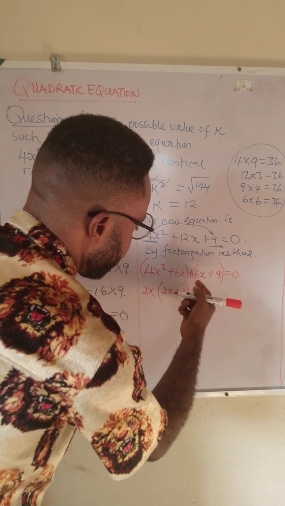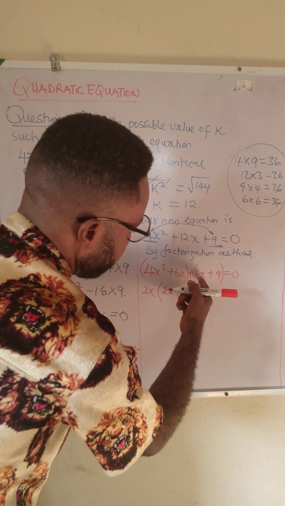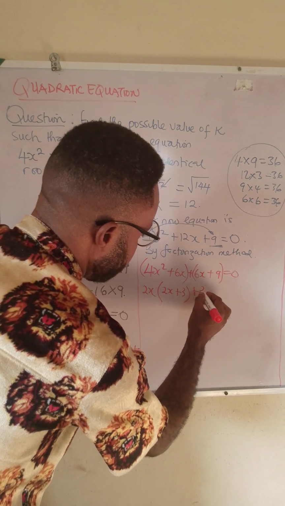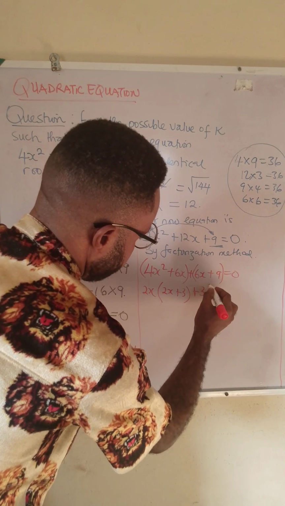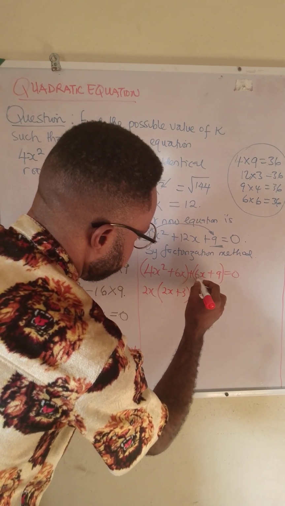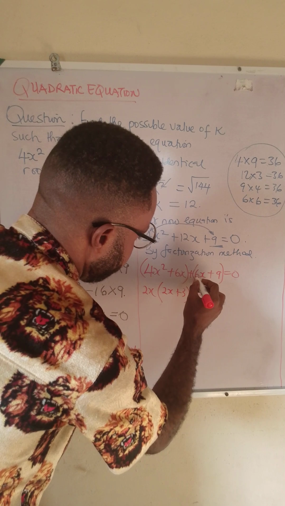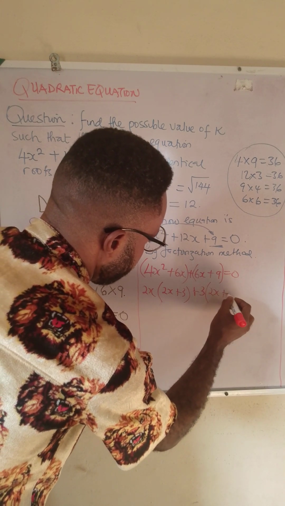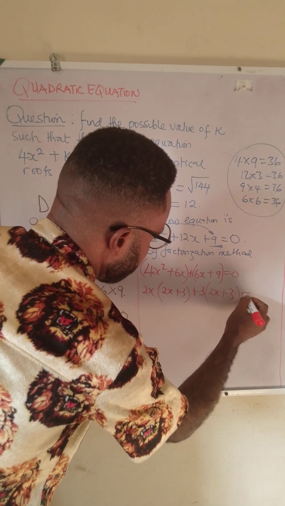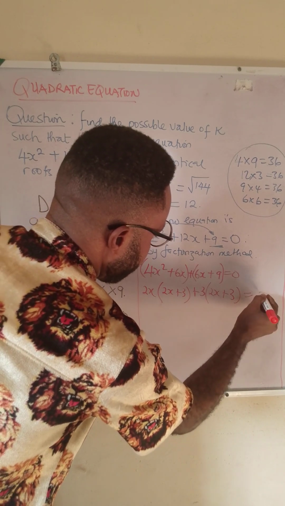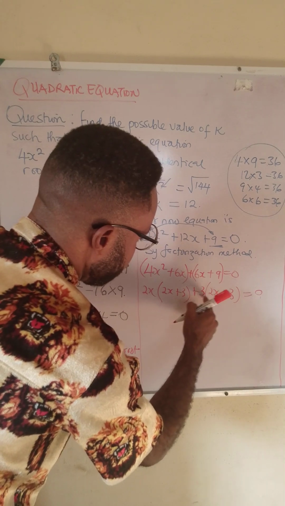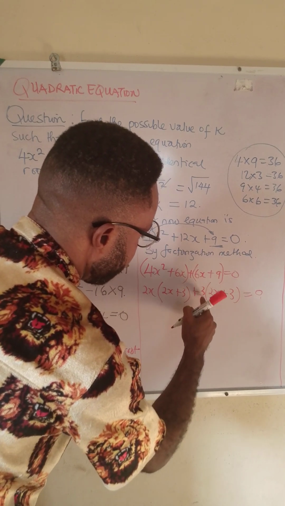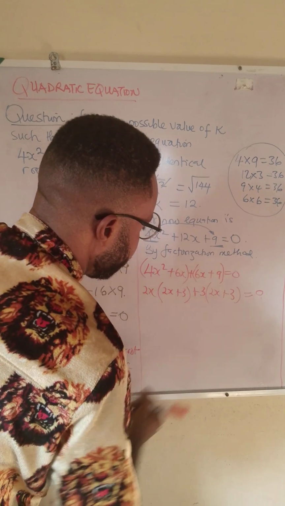Now between 6x and 9, what is common is 3. What will be left here will be 2x plus 3 equal to 0. So 3 times 2x will give you 6x here, and 3 times 3 will give you 9 here.